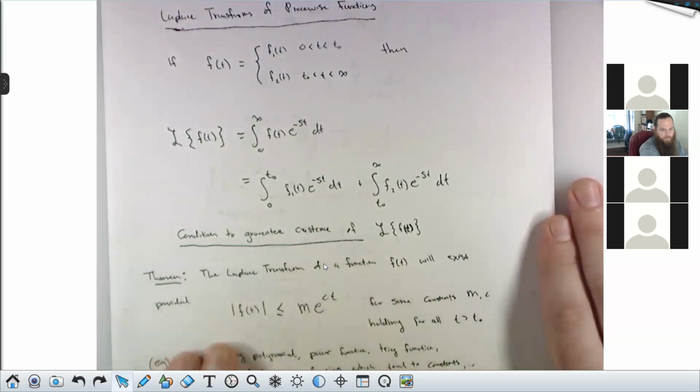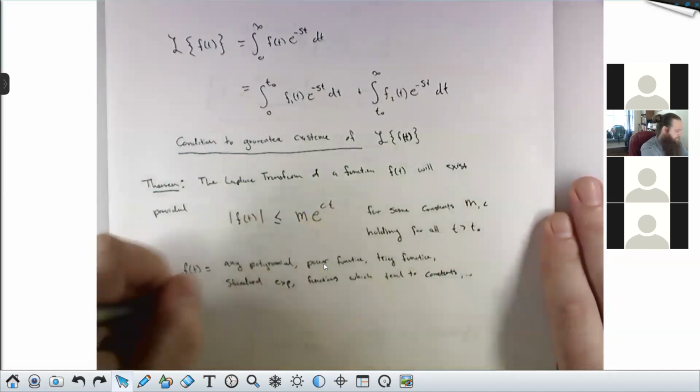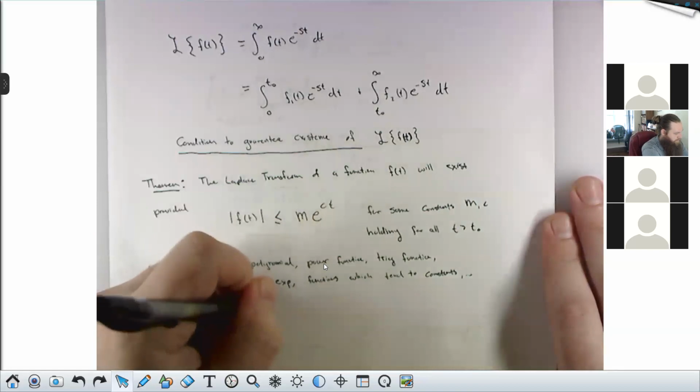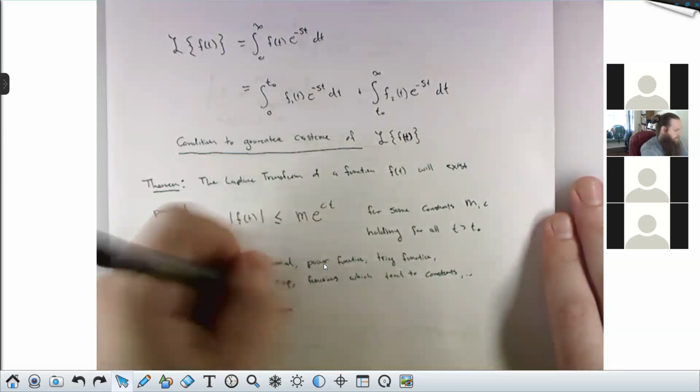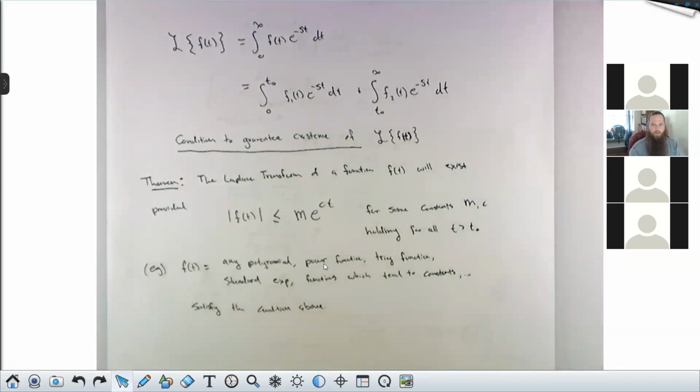Basically, all the functions you've seen in calculus satisfy the condition above. Usually they call this being of exponential order, exponential type.